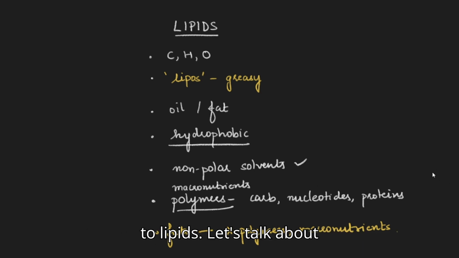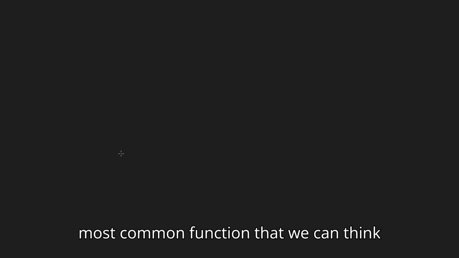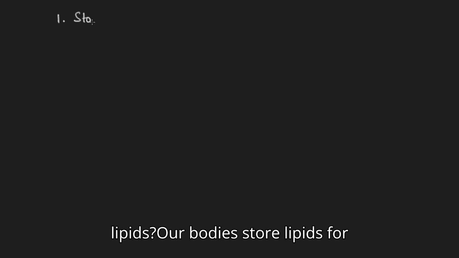Let's talk about the most common functions of these molecules. The most common function that we can think about is storage. So why do we need to store lipids? Our bodies store lipids for production of fuel.